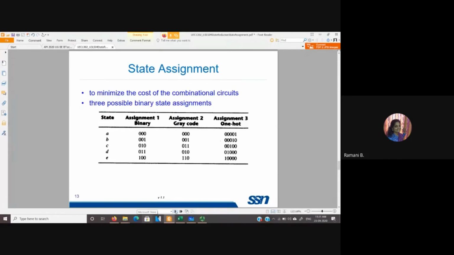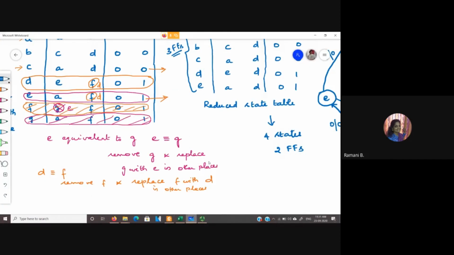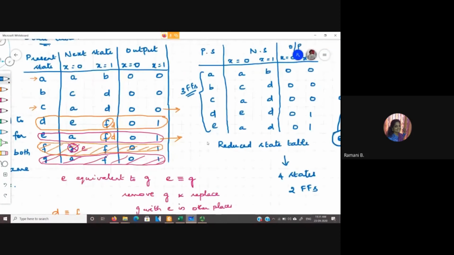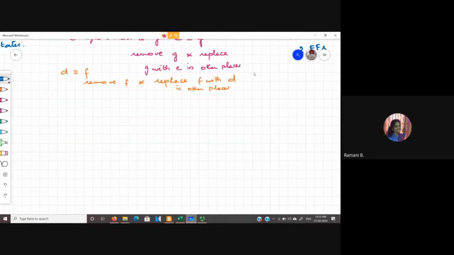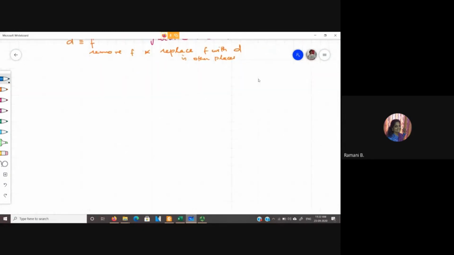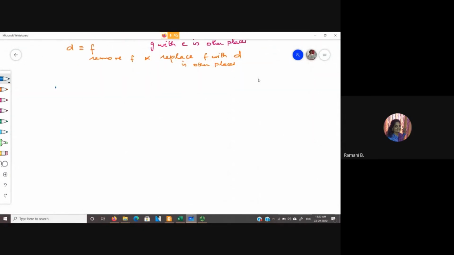Okay, so next we shall see state assignment. Here, for the first time, we are encountering the states defined by letter symbols: A, B, C, D, we have named the states. So we go for state assignment because with letter symbols we cannot design a circuit.